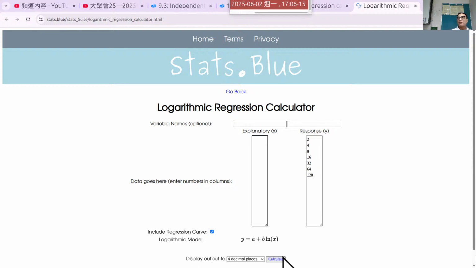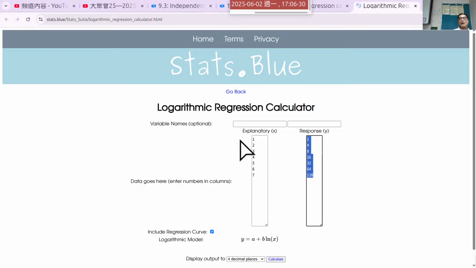If I have something here, for example, 1, 2, 3, 4, 5, 6, and 7, how to get the regression?